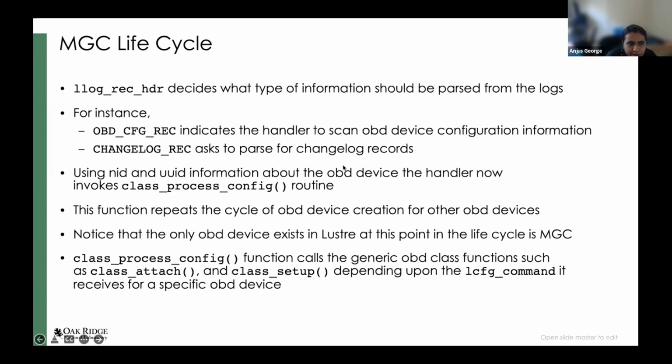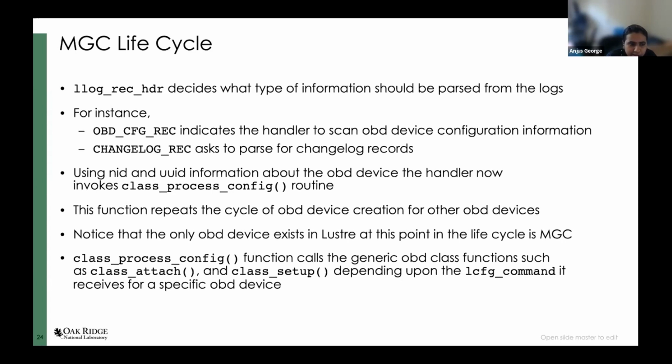The llog_rec_hdr decides what type of information should be parsed from the logs. For instance, OBD_CFG_REC indicates the handler to scan the OBD devices' configuration information, and a changelog record asks to parse the changelog records.